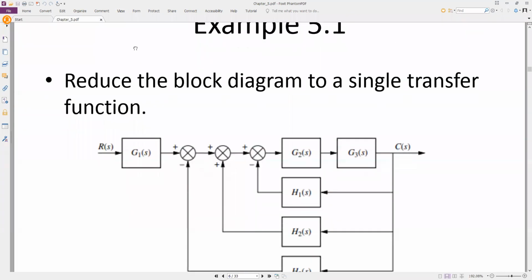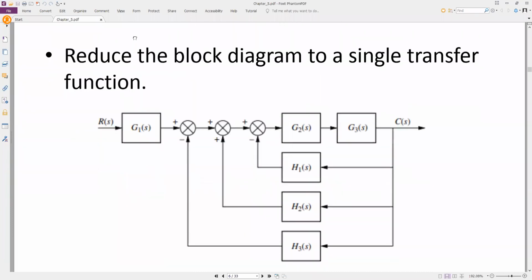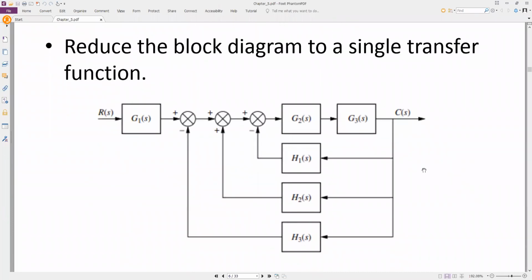Okay, now look at the problem, example 5.1. The question is, reduce the block diagram to a single transfer function. Okay, in that case, what would happen?